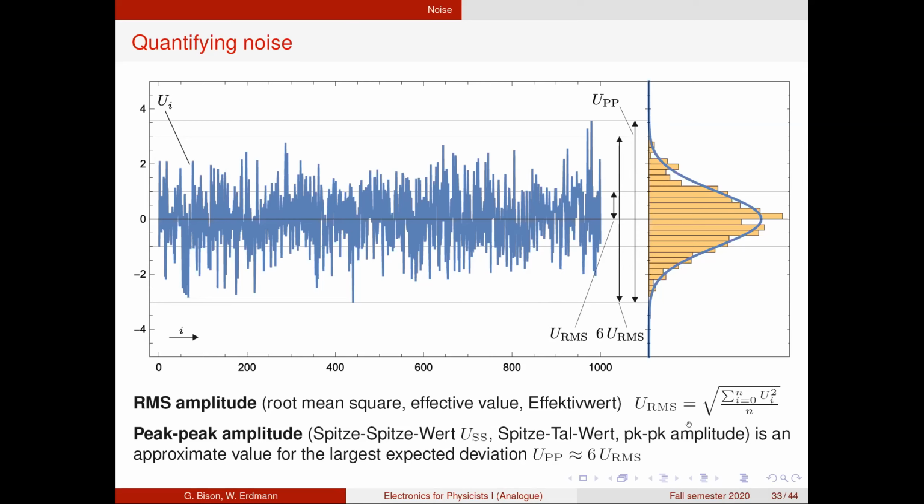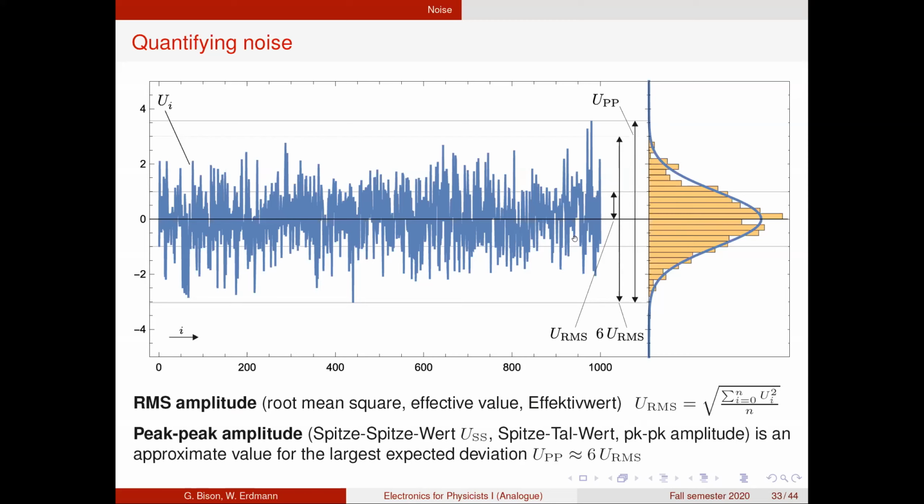Yeah, so it's a root mean square. It's basically the same thing as calculating the standard deviation of this signal or the corresponding width of this curve. And well, that's a statistically valid way to specify the noise in a certain signal.